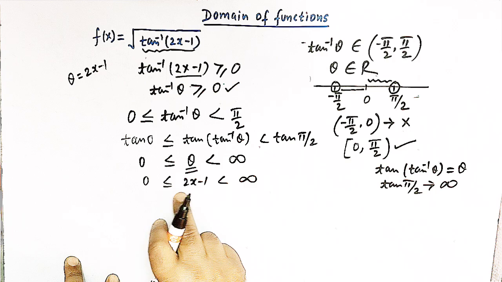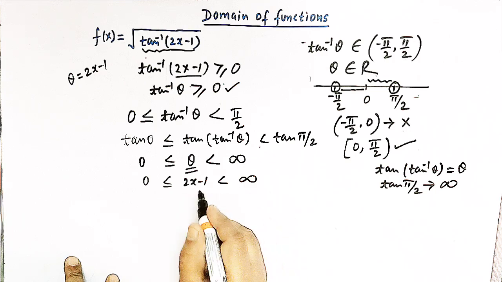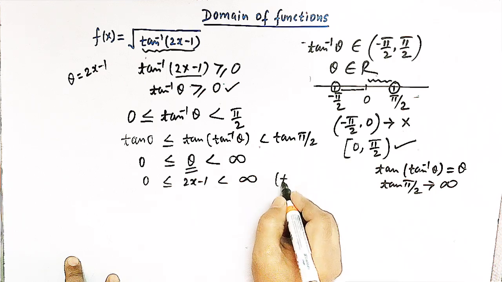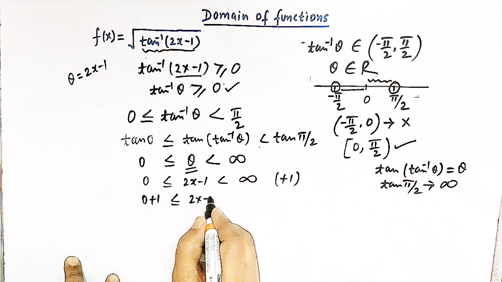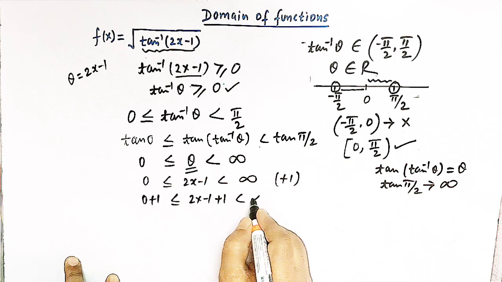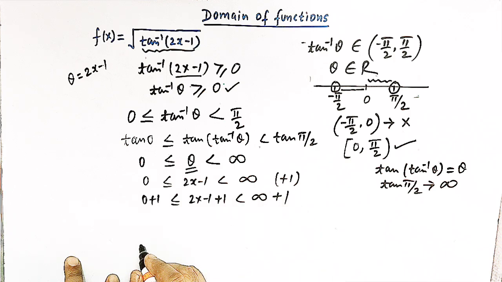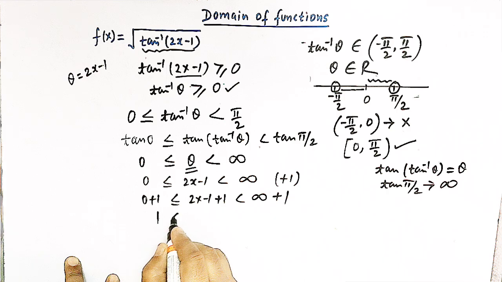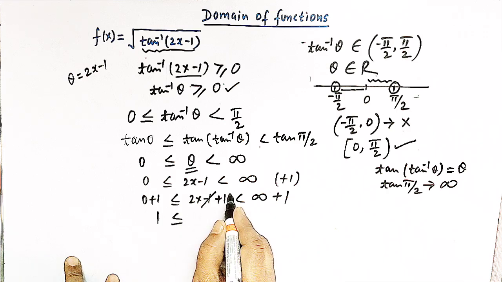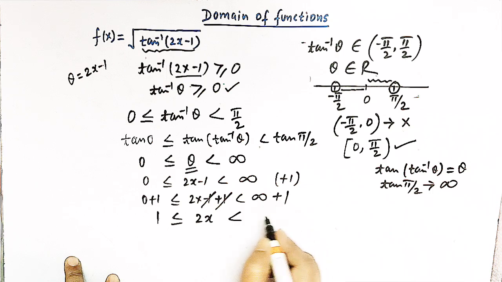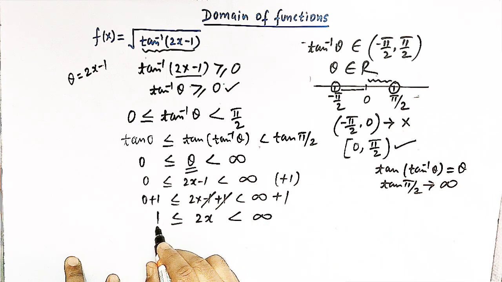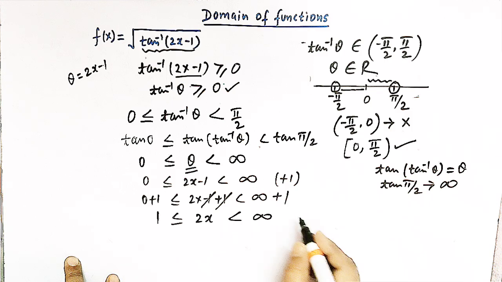To solve this inequality for x, let us add 1 throughout: 0 plus 1 is 1, 2x minus 1 plus 1 gives 2x, as minus 1 and 1 cancel, and infinity plus 1 is again infinity. Now let us divide throughout by 2.